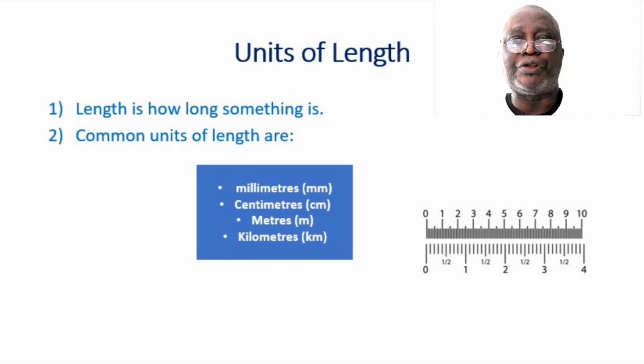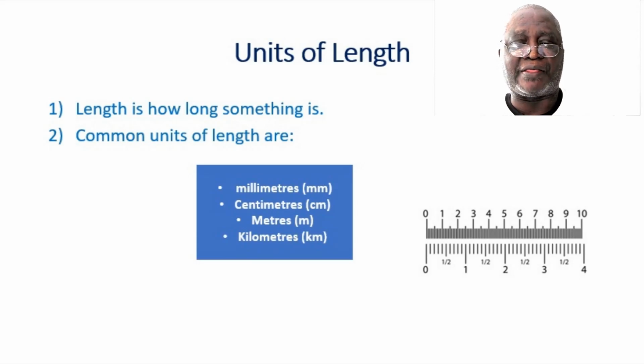Let's look at units in length. Length is how long something is, or how tall somebody is. Common units of length are millimeters, which is abbreviated as mm, centimeters, cm, meters, m, or kilometers, km.